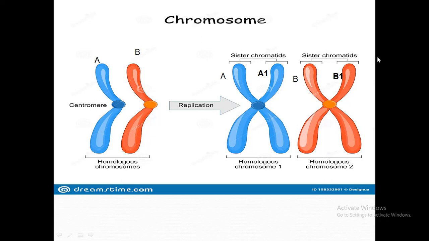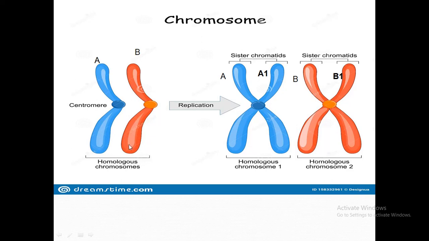In humans, there are 23 pairs of homologous chromosomes. In each pair of homologous chromosomes, one is called the maternal chromosome and the other is called the paternal chromosome.